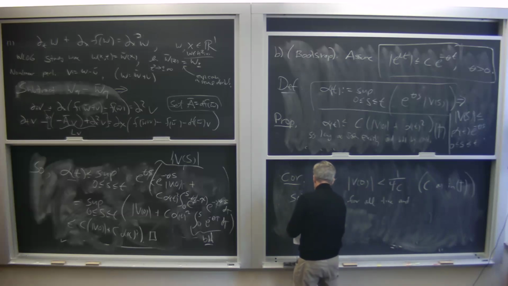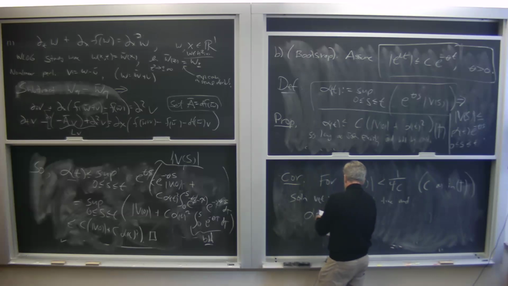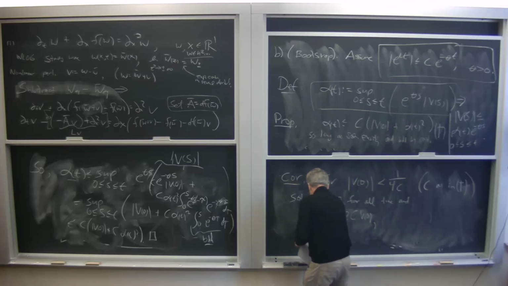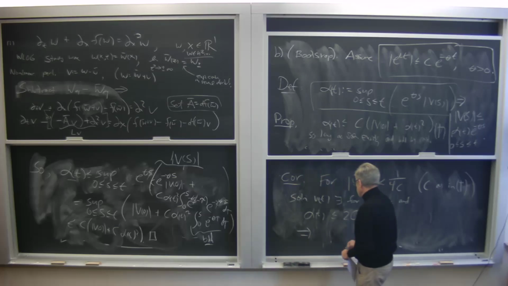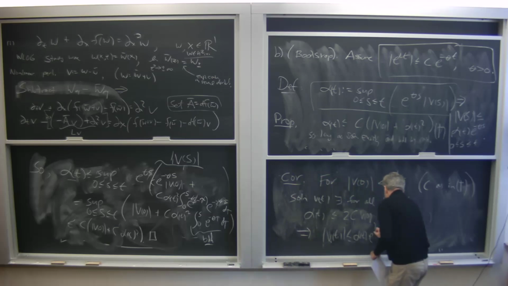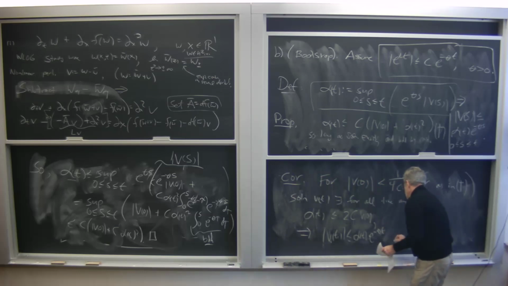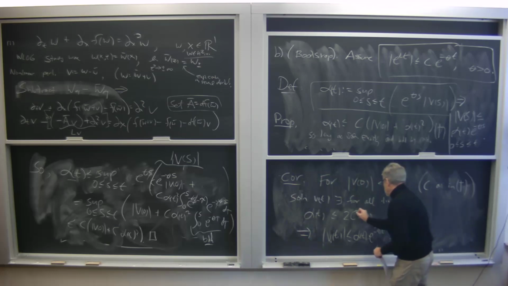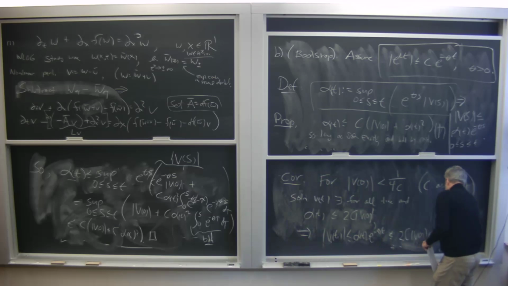And alpha of t is less than or equal to 2c v of 0, which implies that the solution v of t is less than or equal to alpha of t e to the minus theta t, which is less than or equal to 2 capital C v of 0 e to the minus theta t.